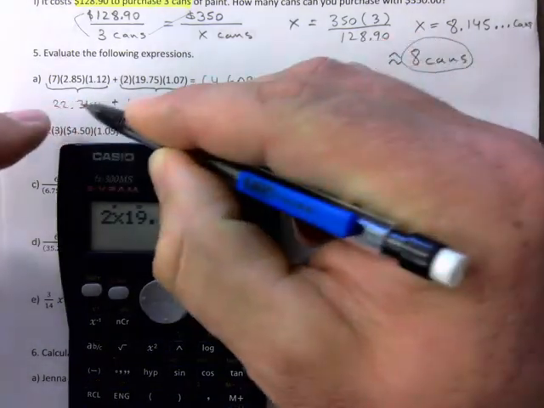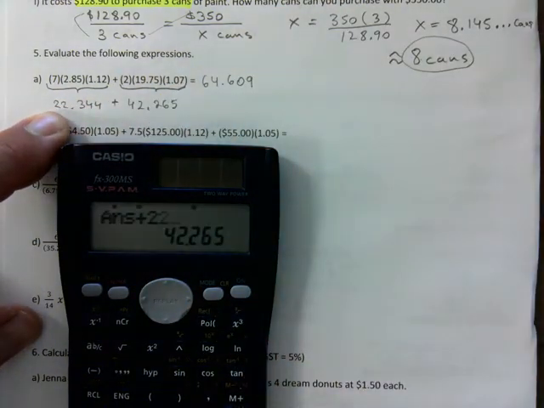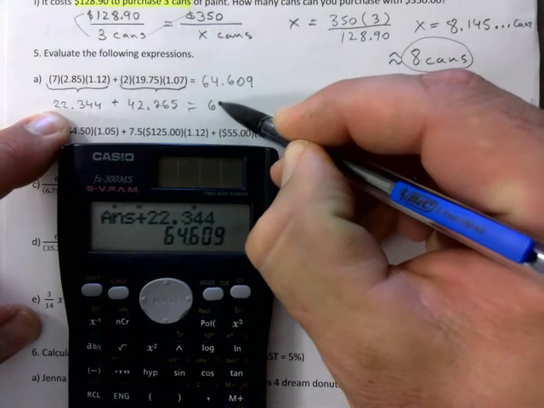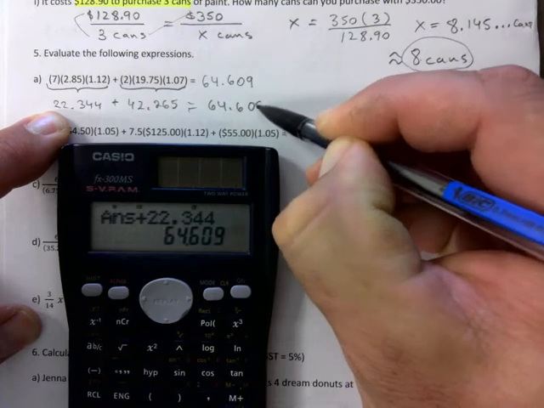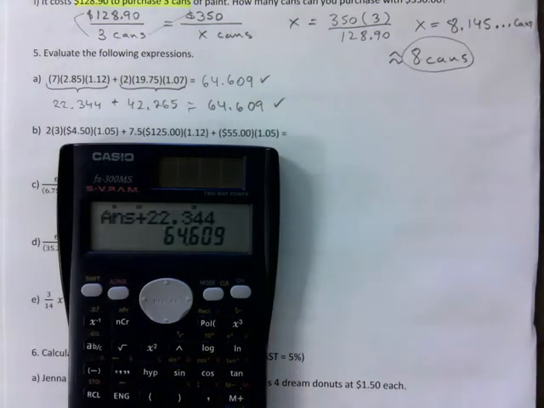I'm just going to take this number and add it to that. I want you to be able to do it both ways. They both check out, so we're doing okay.